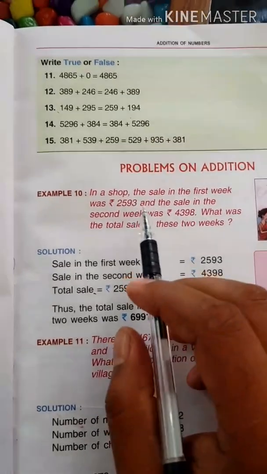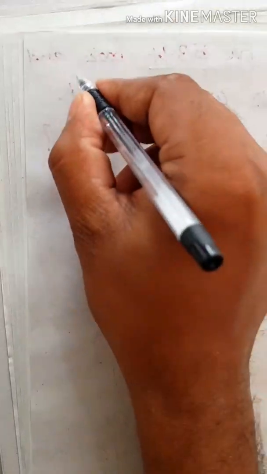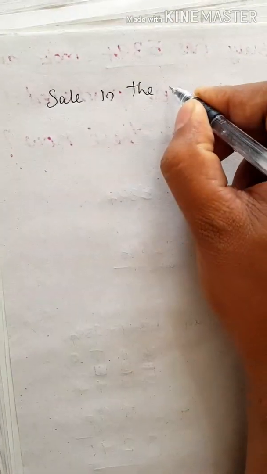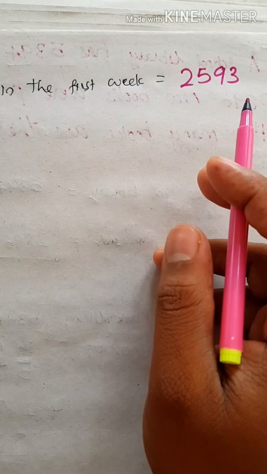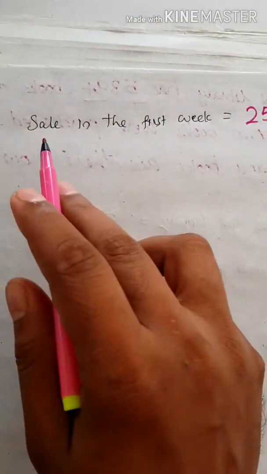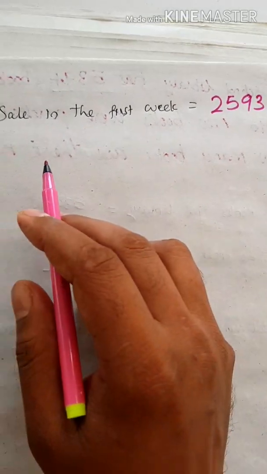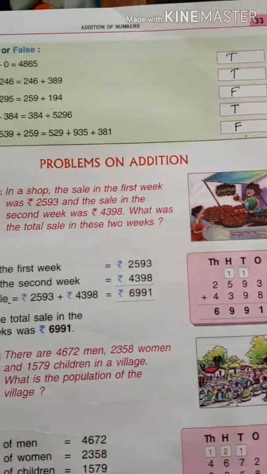What will we write? Sale in the first week is equal to 2,593. This is the first statement.